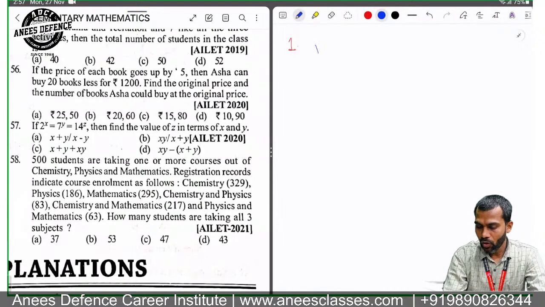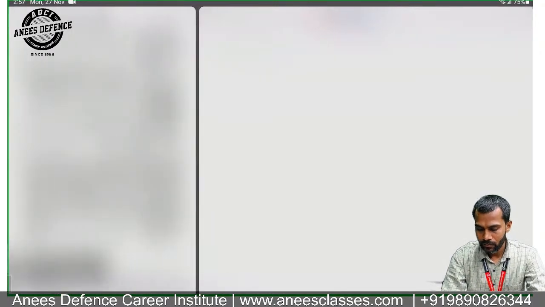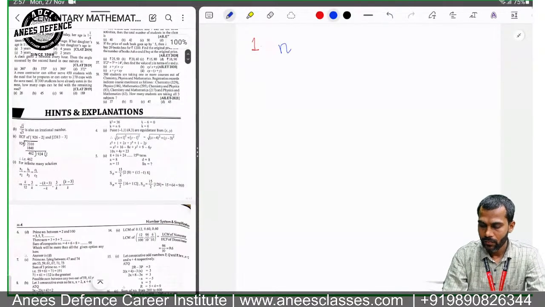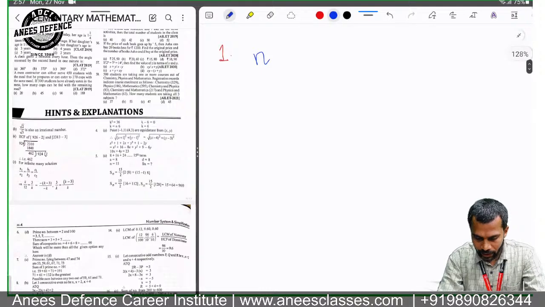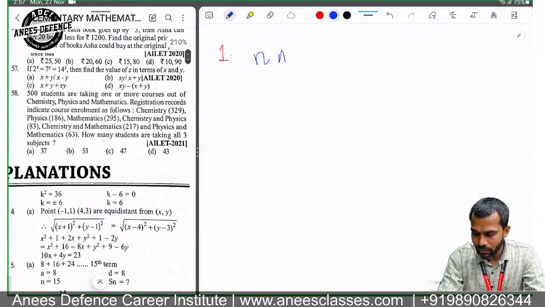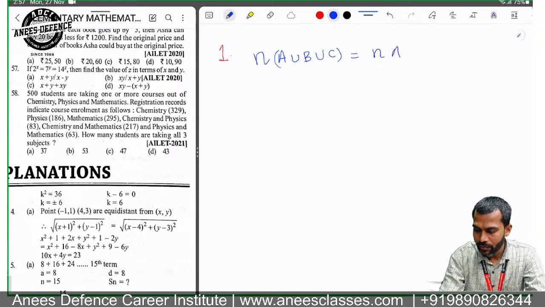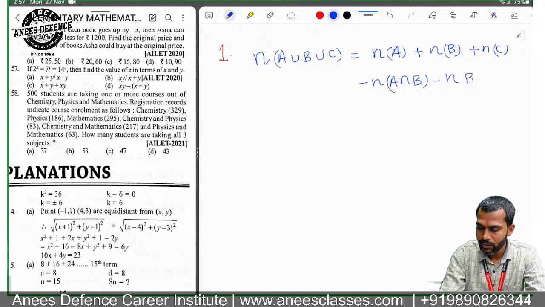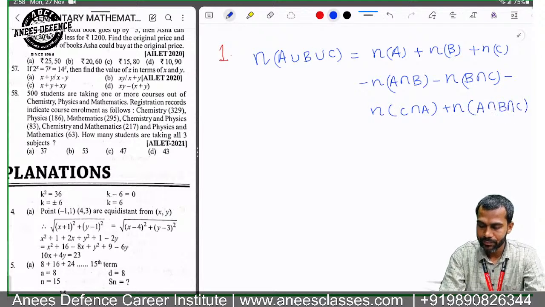N of A union B union C is equal to N of A plus N of B plus N of C minus N of A intersection B minus N of B intersection C minus N of C intersection A plus N of A intersection B intersection C. Yes or no?